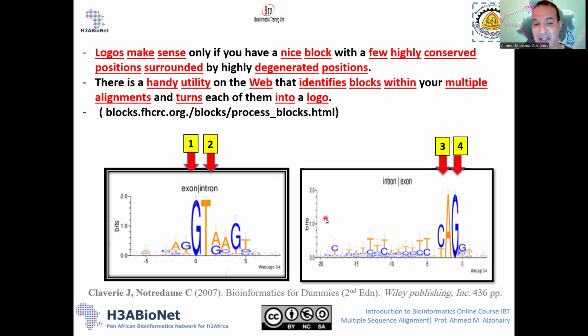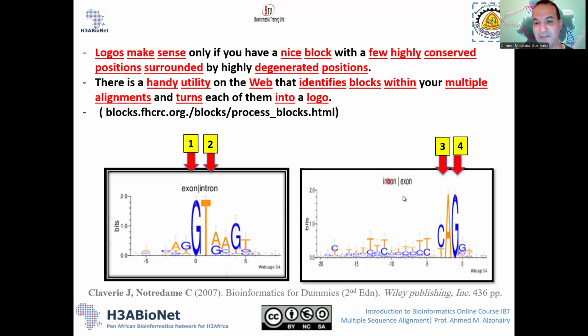Here, in this example, we try to find out which residues are much more frequent in the exon and intron junction. As you see, here GT is much more frequent, and here AG, for example.